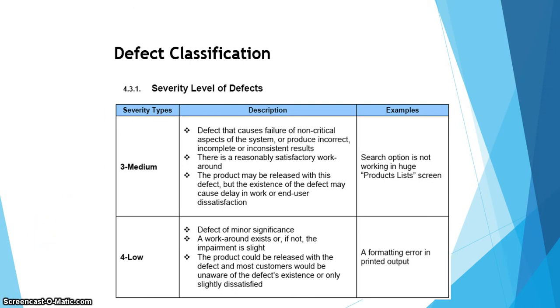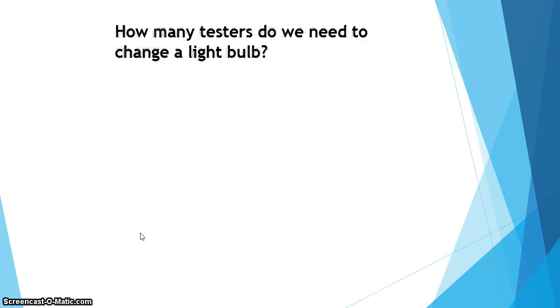A severity level 4 defect, which is a low level severity, the significance of this defect is minor. A workaround exists. It may be a formatting error in the printed output. Okay, and you have severity 5, which is very low. Okay, that was the severity for defects which we discussed.